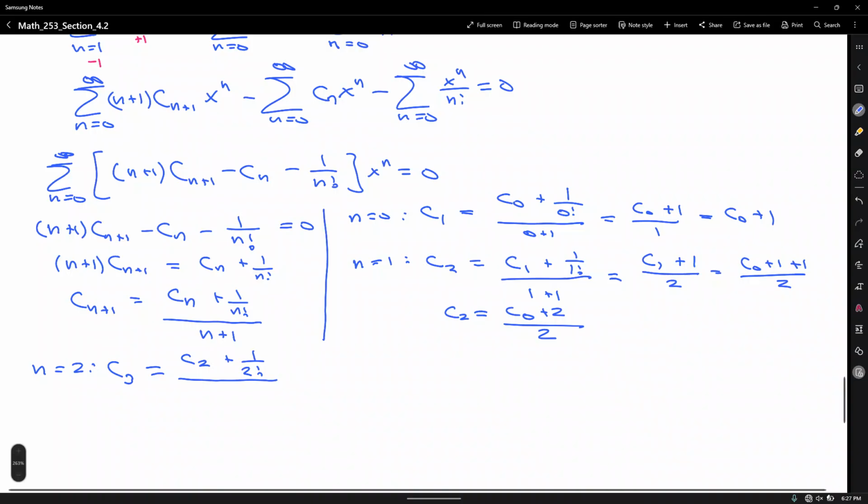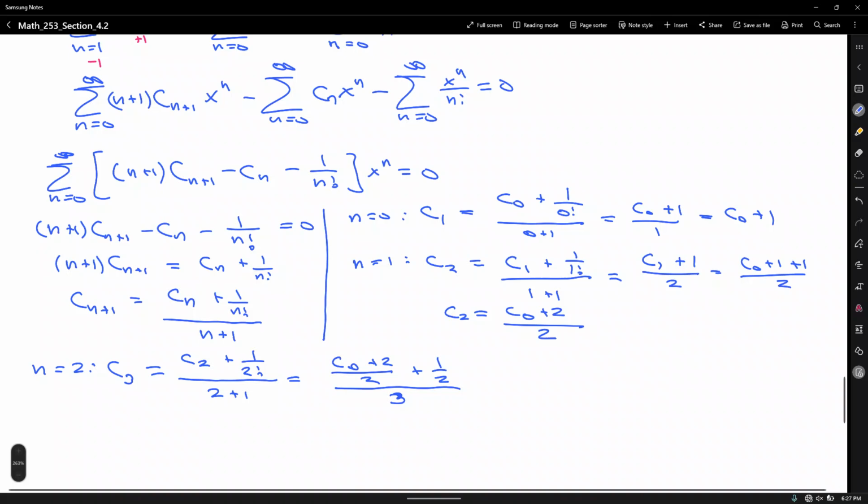What's c sub 2? Do you guys agree that c sub 2 is the same as saying c sub 0 plus 2 divided by 2? And then what is 1 over 2 factorial? Isn't that simply 1 over 2 times 3?